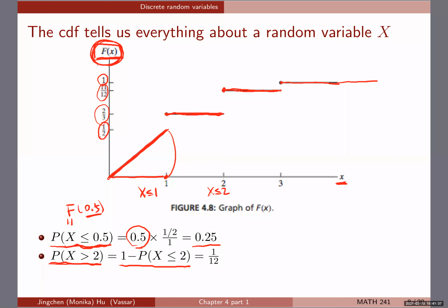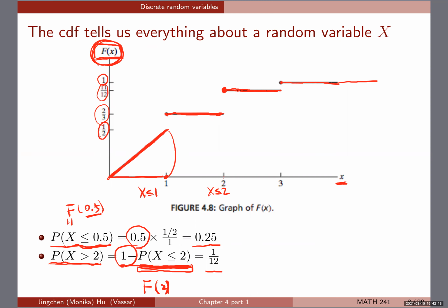The probability of X greater than 2 is 1 minus the probability of X smaller than or equal to 2, and this immediately becomes our CDF function evaluated at 2. If I go to this graph, the CDF evaluated at 2 is 11/12, so I use 1 minus 11/12. So the probability of the event that X is greater than 2 is 1/12.